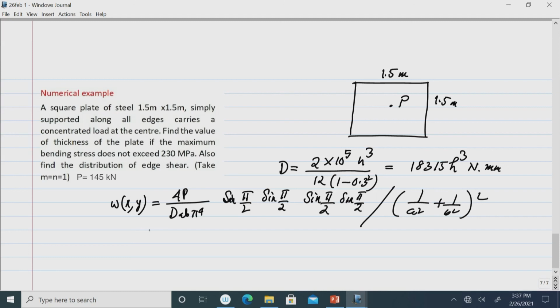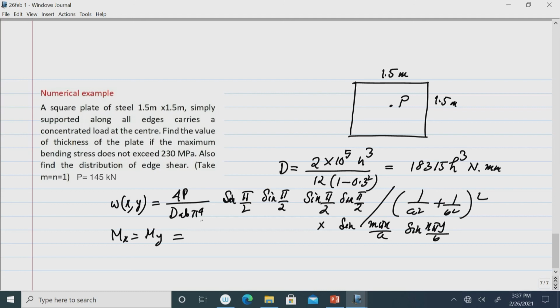Okay. Now, since it is placed at the center, m x is equal to m y, and after substituting this, of course, the sin functions will be there, sin(m pi x by a) sin(n pi y by b).